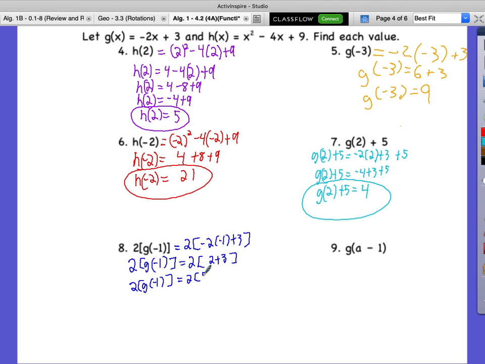And then 2 plus 3 is 5. So what is 2 times g of negative 1 going to end up being? 10, right? That's what 2 times 5 is. Questions on that one?